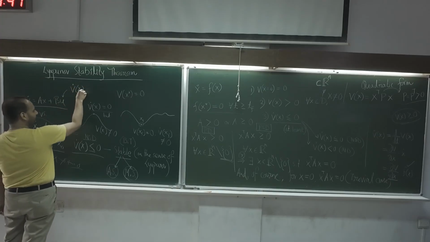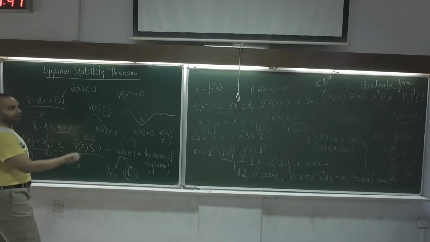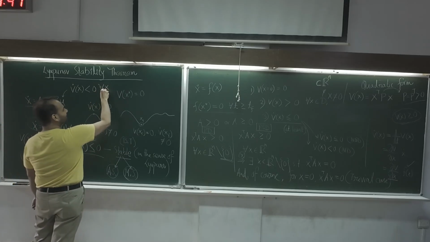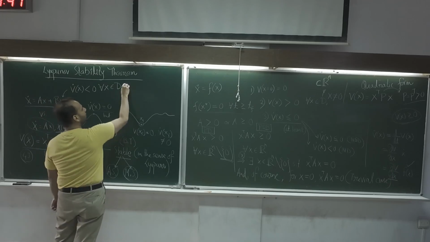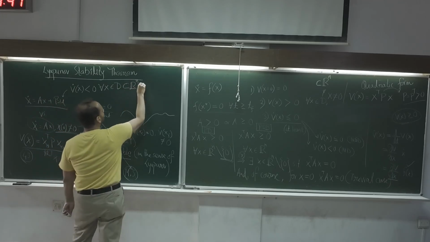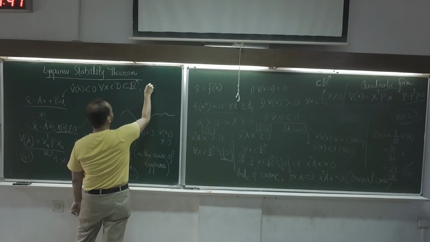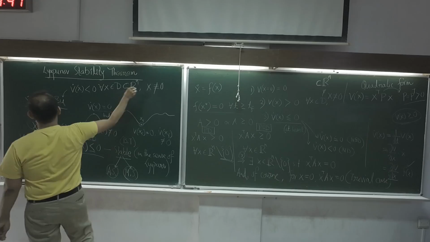When I said V dot x is less than 0, that is for all x in D, not over R, okay? And this is not identically 0.